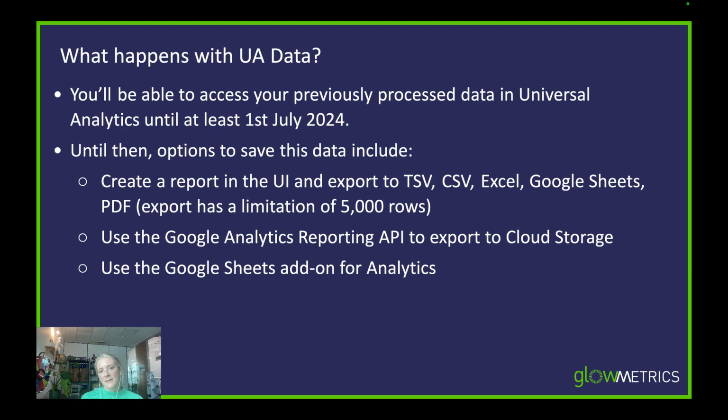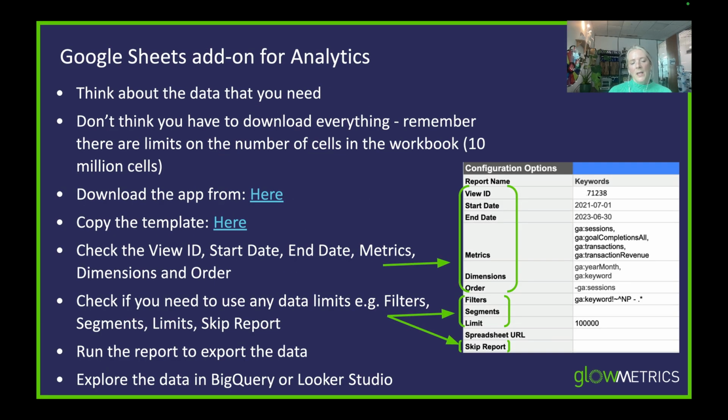In this case, they've said, actually we expect by the first week in July, you won't be able to access that Universal Analytics data anymore. So historical Universal Analytics data, you won't be able to access. So this option allows you to have an add-on to Google Sheets and pull out some of your old Universal Analytics data.